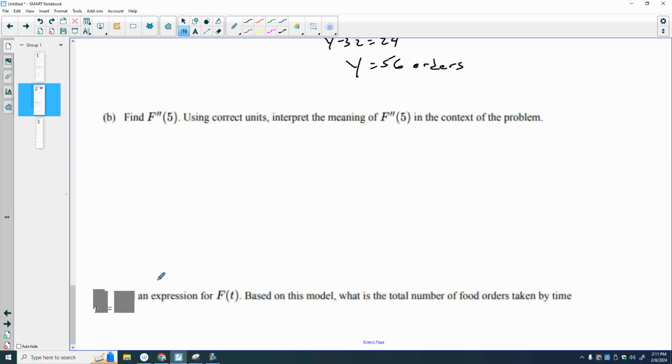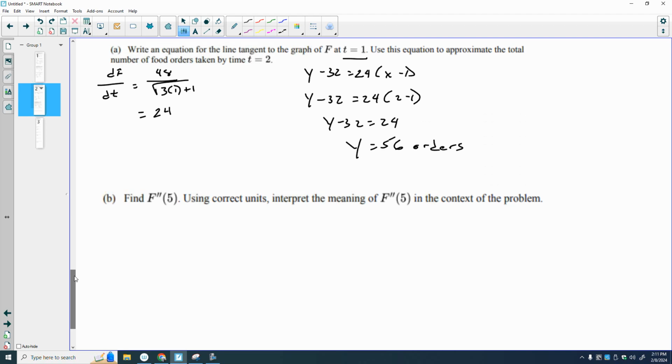Okay, letter B. Find the second derivative. So let's look at the first derivative. First derivative was df dt equals 48 over 3t plus 1 square rooted.